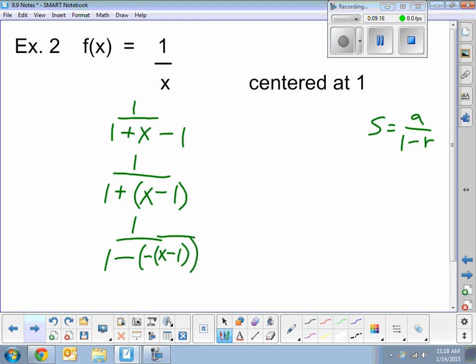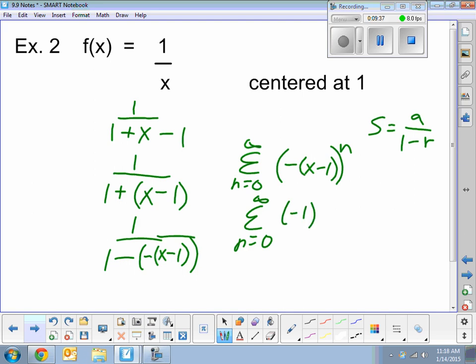And you can see that that's the same value. Well, with that said then, the summation is n goes from 0 to infinity of, in this case, my a is 1, so I don't even need to write that down. The ratio is negative x minus 1 to the nth power. And we can see that we're going to create an alternating series, negative 1 to the nth, x minus 1 to the nth. And then you can evaluate that.